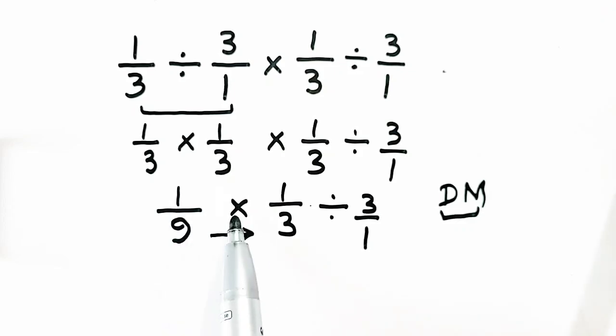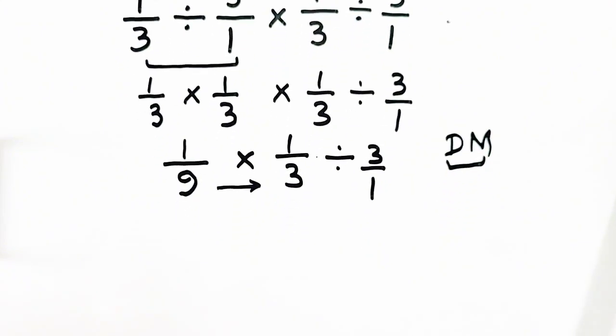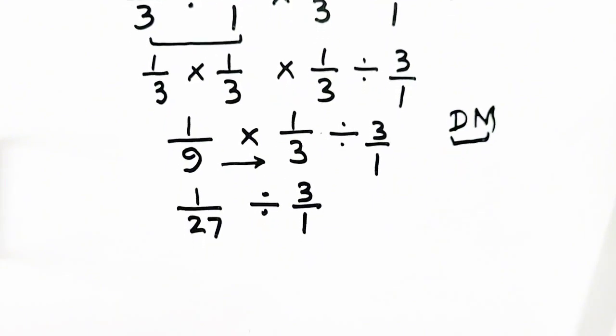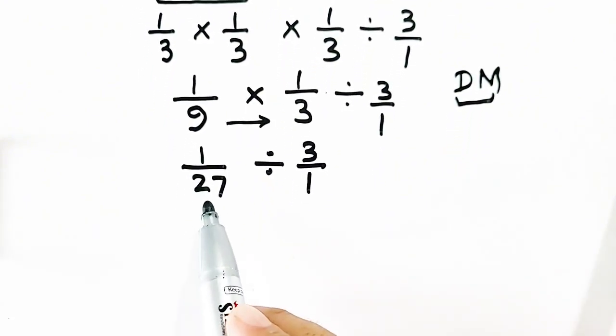So 1/9 times 1/3 will become 1/27 divided by 3/1. Now again we will apply KCF. What is KCF?